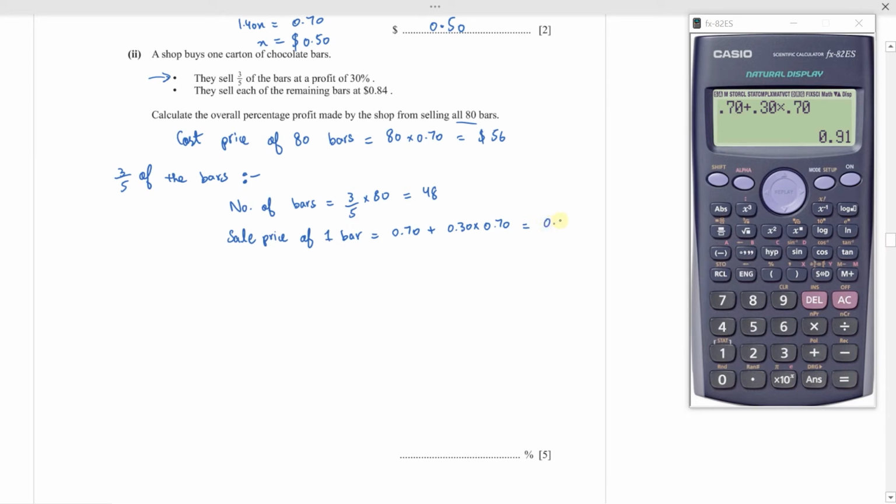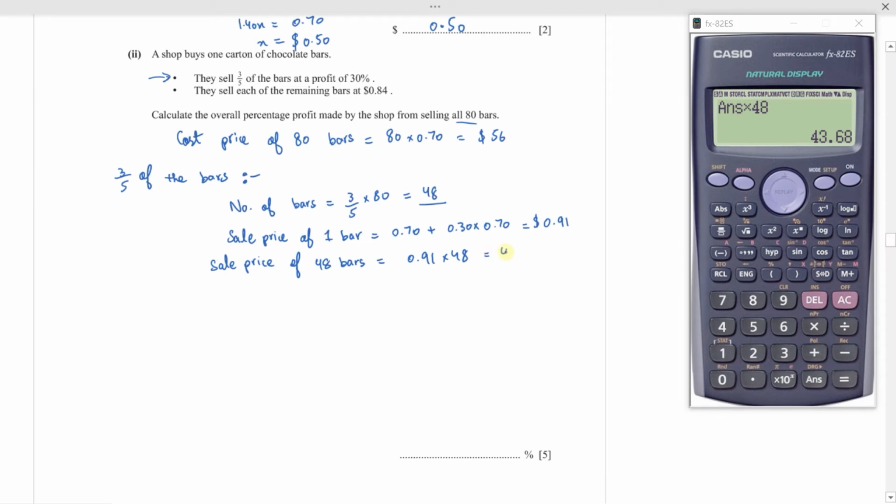So this is $0.91, the sale price of 1 bar. And then the sale price of 48 of these bars that are sold at 30% profit will be 0.91 into 48, which is 43.68.